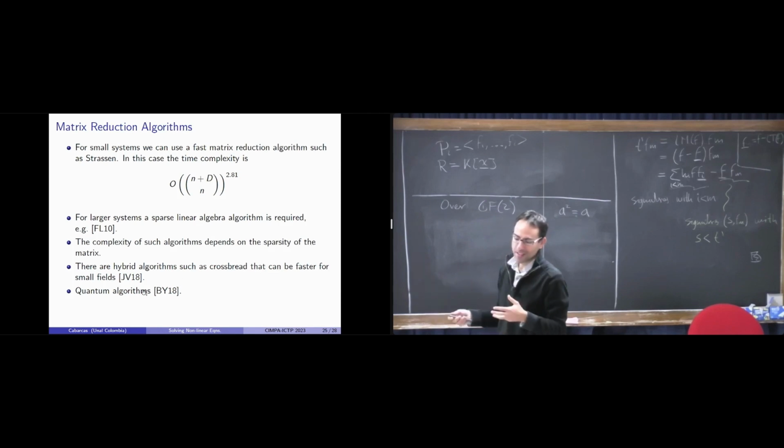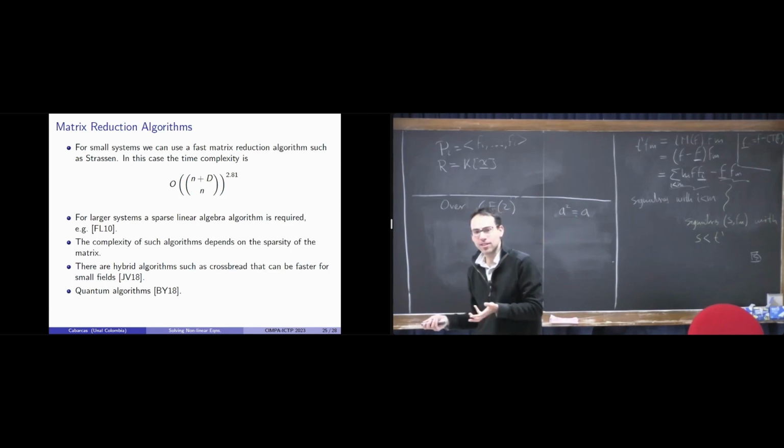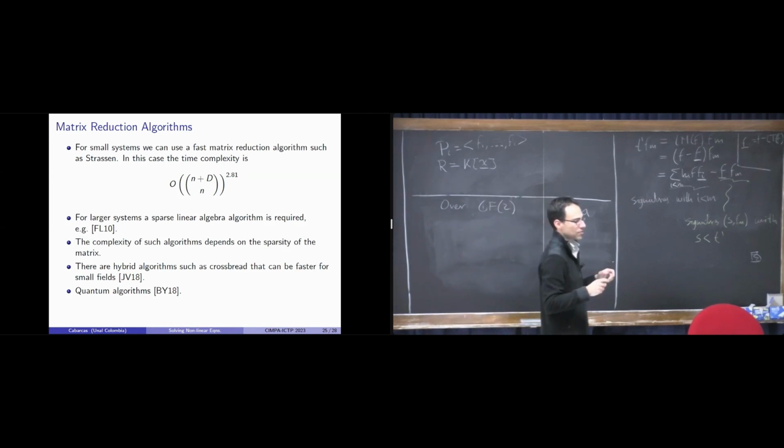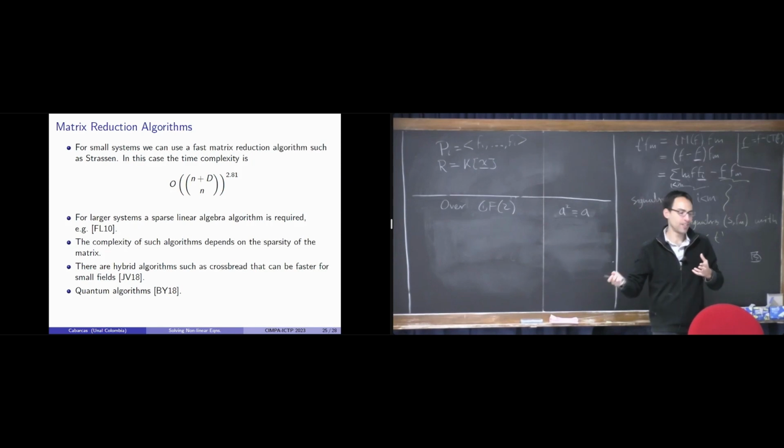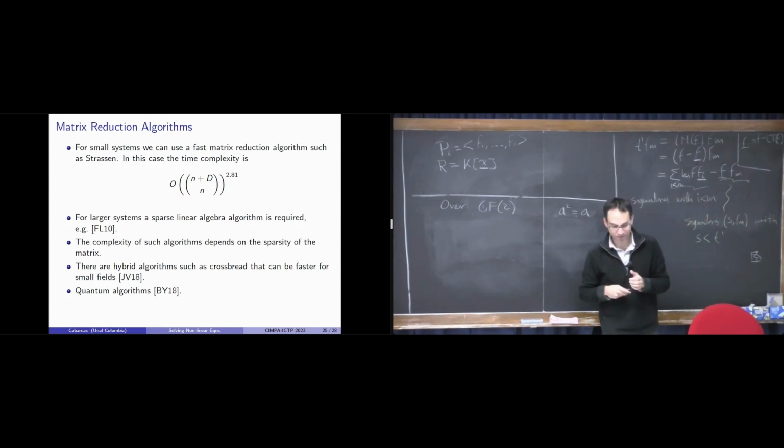What they do is they use Groebner to improve the search for a solution for the guessing. So in these hybrid algorithms, you can do the guessing a little bit faster using Groebner. Of course, if we ever have quantum computers, but yes, there are quantum versions of these algorithms.